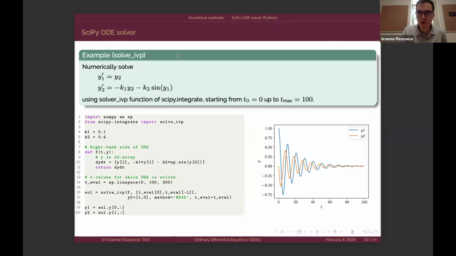Essentially what this system of ODEs represents is that type of system, where K1 corresponds to the damping rate due to air resistance, and K2 relates to the restoring force of the pendulum due to gravity.